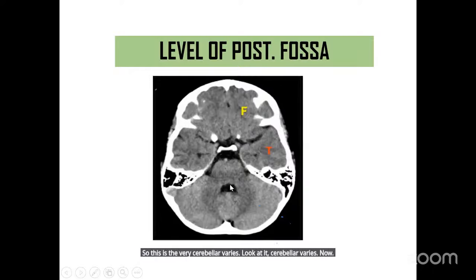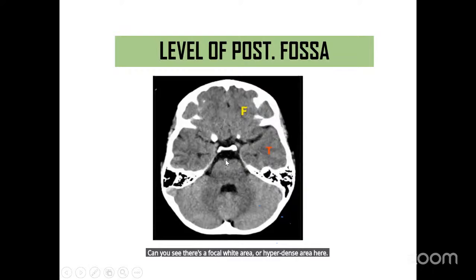Now, here, this is the pons. You remember anatomically, there's a ventricular structure that separates the pons from the cerebellum. Look at it. That is the fourth ventricle. Are we together? Fourth ventricle. Now, anterior to the pons, can you see there's a focal white or hyperdense area here?